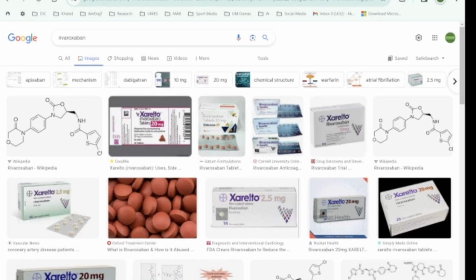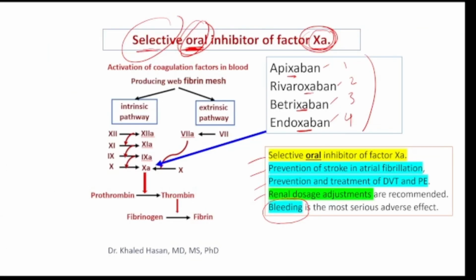So two medications are available orally. We already reviewed apixaban, rivaroxaban, and edoxaban, and these medications work by selectively inhibiting factor 10A, and are prescribed orally.